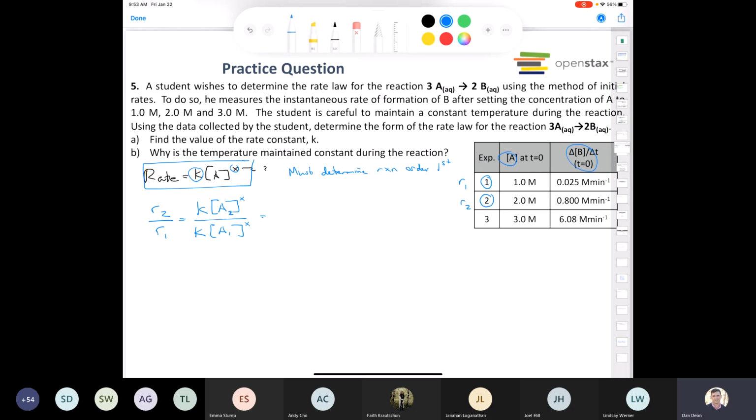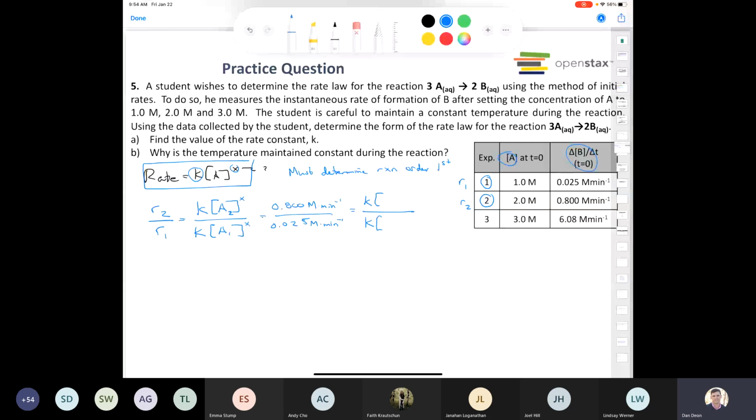Let's plug in some numbers. The rate of reaction 2 is 0.800 moles per liter per minute. The rate of reaction 1 is 0.025 moles per liter per minute. They're both equal to K times the concentration.